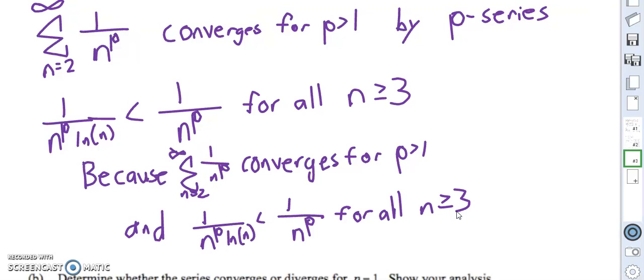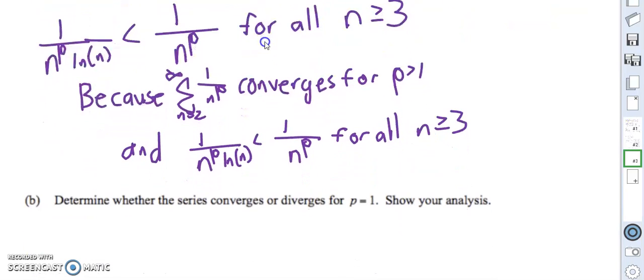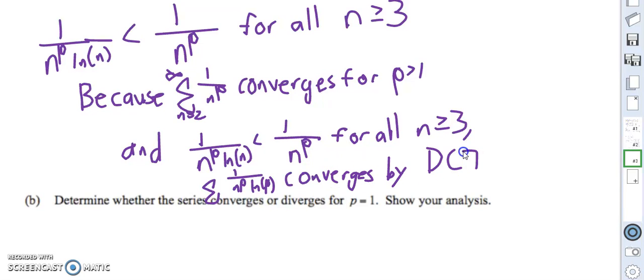Because this known one converges and the given one is less than the known one, then I conclude that the given one converges by direct comparison test.